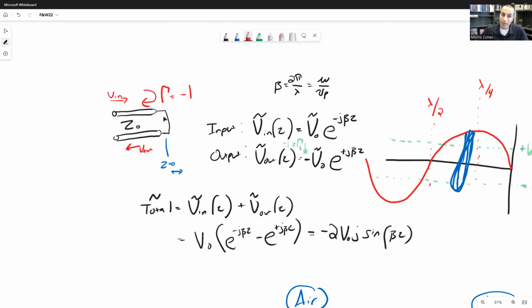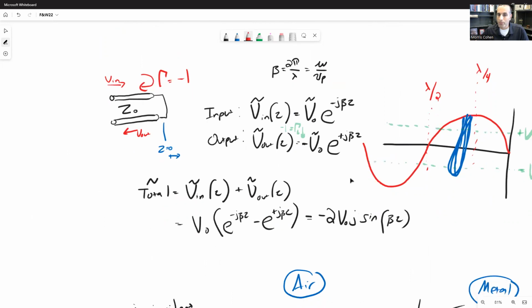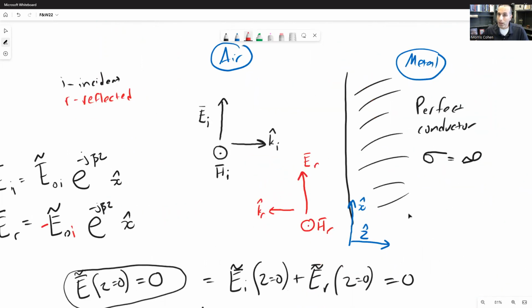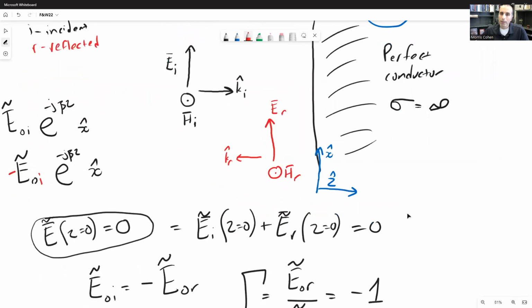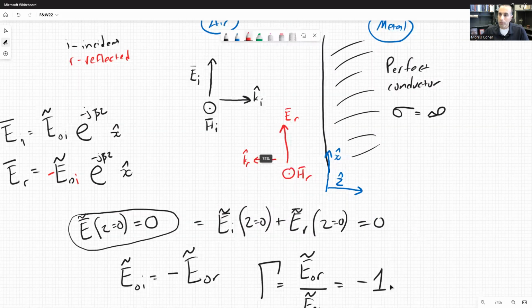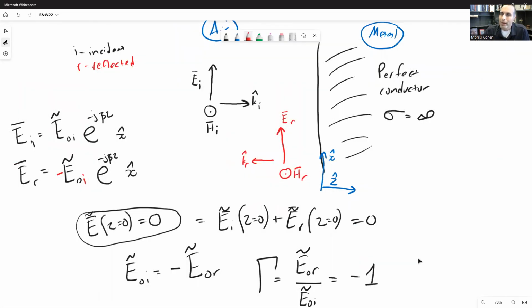Right, so we're imposing a condition where there is no voltage at a load, and that implies a reflection coefficient of -1. Here, we have a perfect conductor, which means no electric field, and from that, we get a reflection coefficient of -1. So electric field is going to be very analogous to voltage when we consider this to be kind of like a transmission line with a short-circuited load.